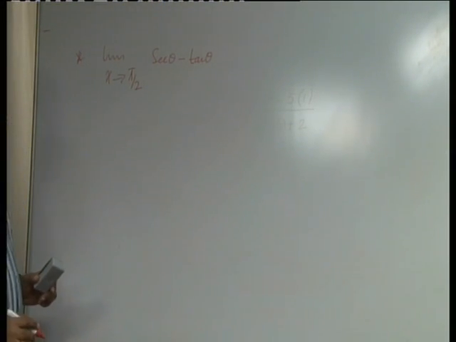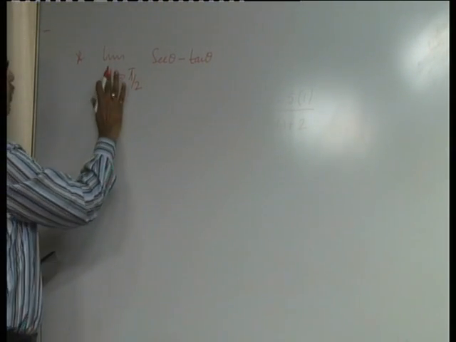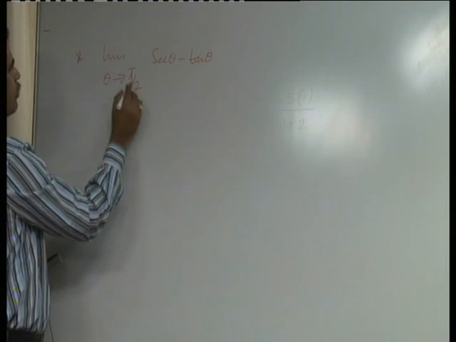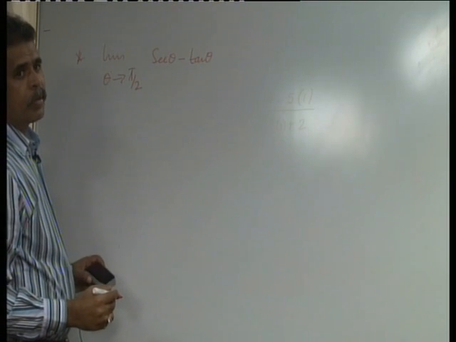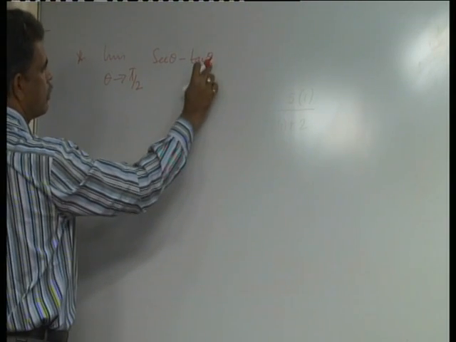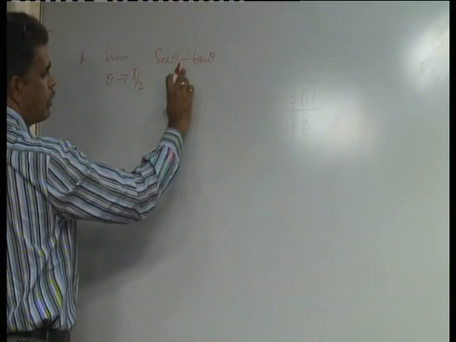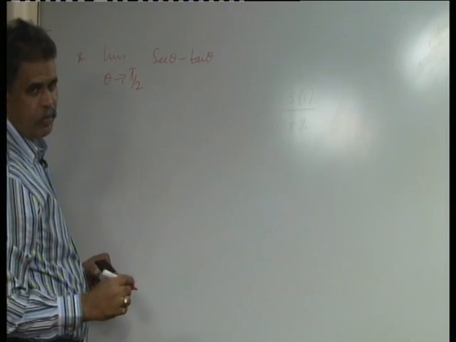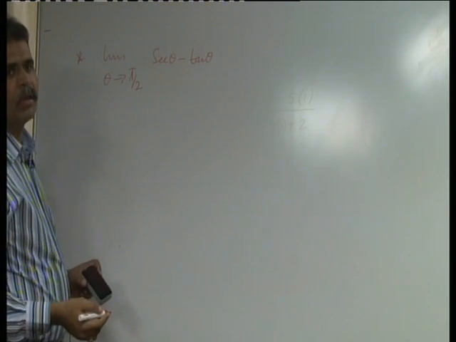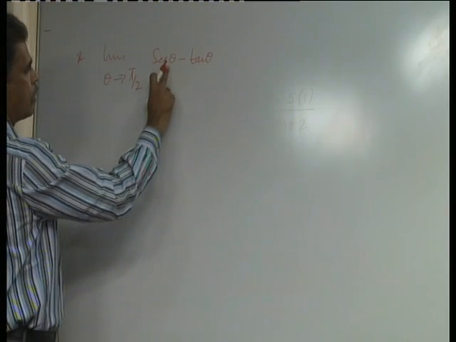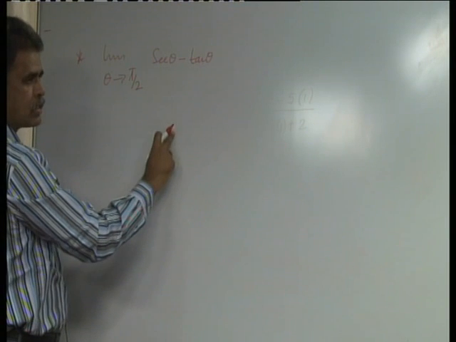By applying the standard limit, theta tends to pi by 2, secant pi by 2 is infinity, this is also infinity, therefore it becomes an indefinite form. To find the limit of this function, I should convert it into a simpler form.